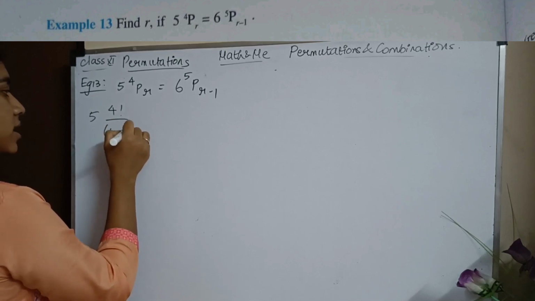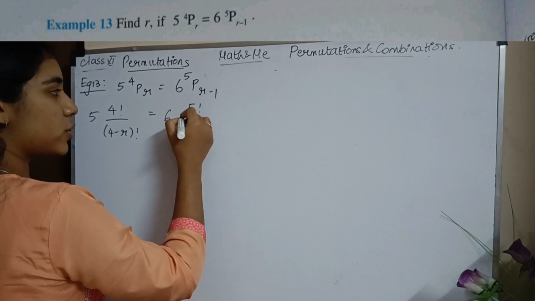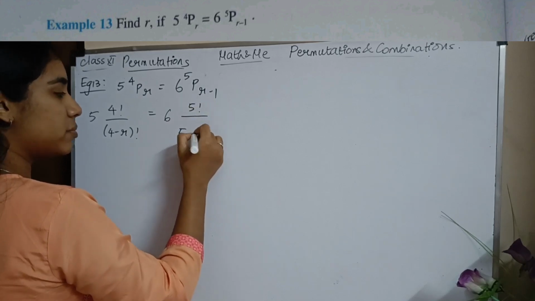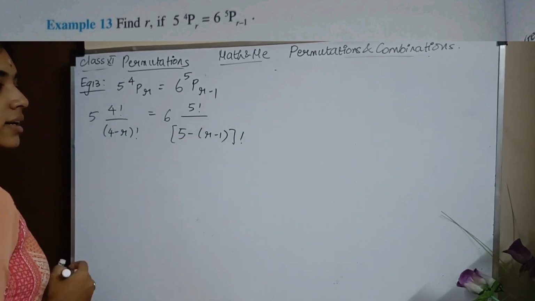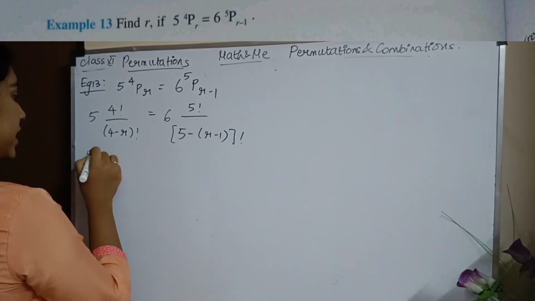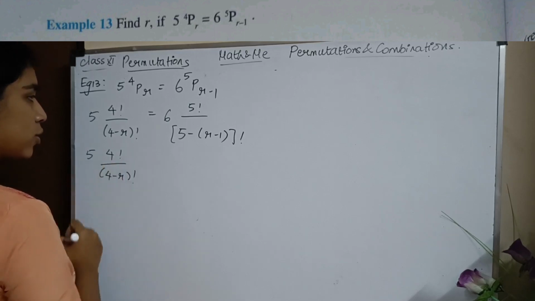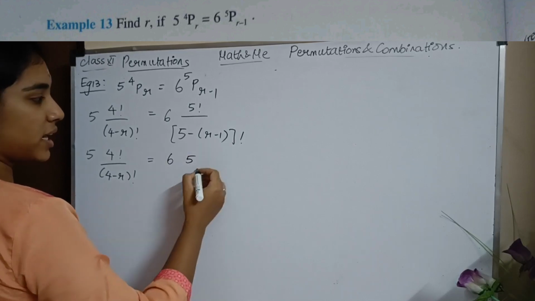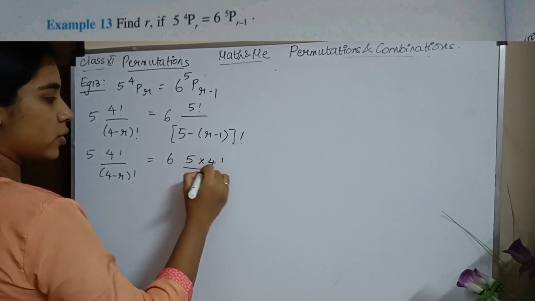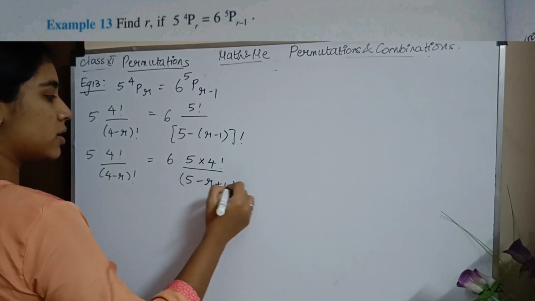So 5 times 4Pr, which is 4 factorial divided by 4 minus r the whole factorial, equals 6 times 5 factorial divided by 5 minus r minus 1, so put a bracket, whole factorial. So 5 times 4 factorial divided by 4 minus r the whole factorial equals 6 into 5 factorial, which I can write as 5 into 4 factorial, divided by 5 minus r plus 1 the whole factorial.